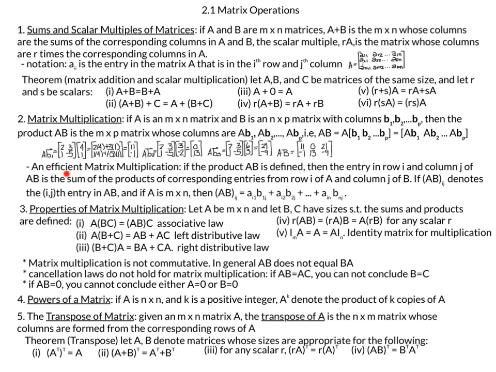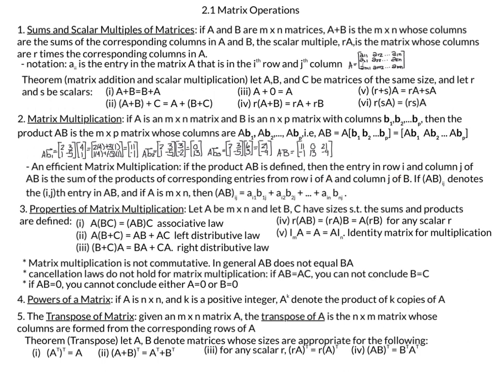But we also had a different way of defining matrix multiplication, which was maybe a little more efficient, where if we wanted the entry of AB in the ith row and jth column, that would be the ith row of A times the jth column of B.